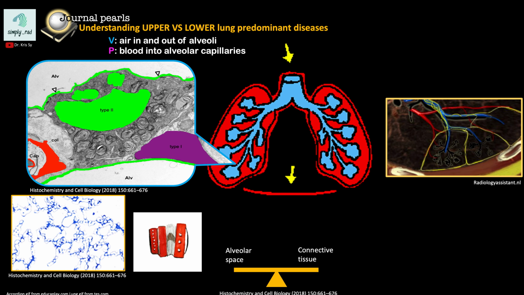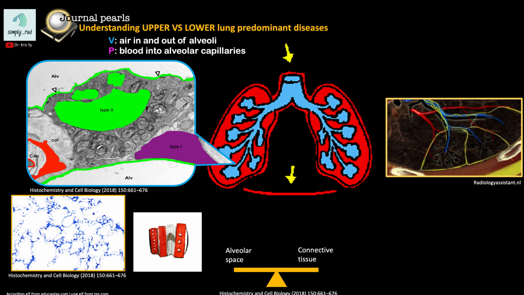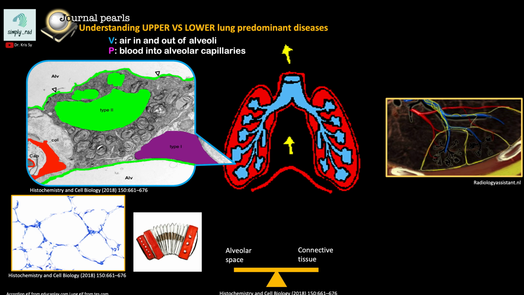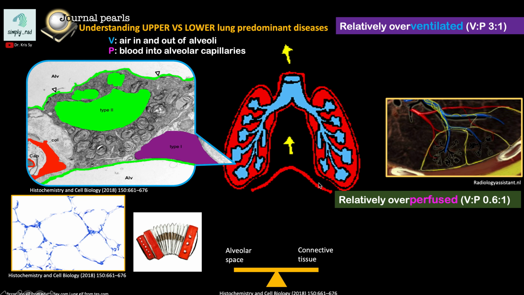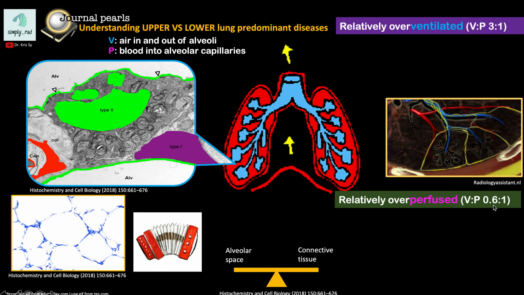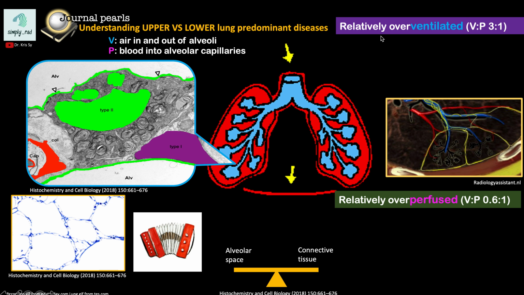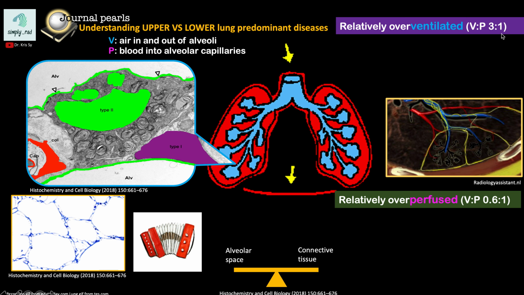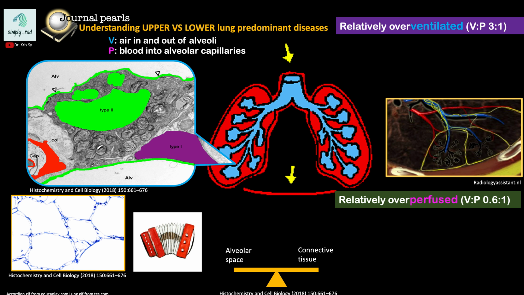Because of gravity and differences in oxygen tension and other factors, we can say that the lower lobes are relatively overperfused with this ventilation-perfusion ratio, while the upper lobes are relatively overventilated with this ventilation-perfusion ratio.